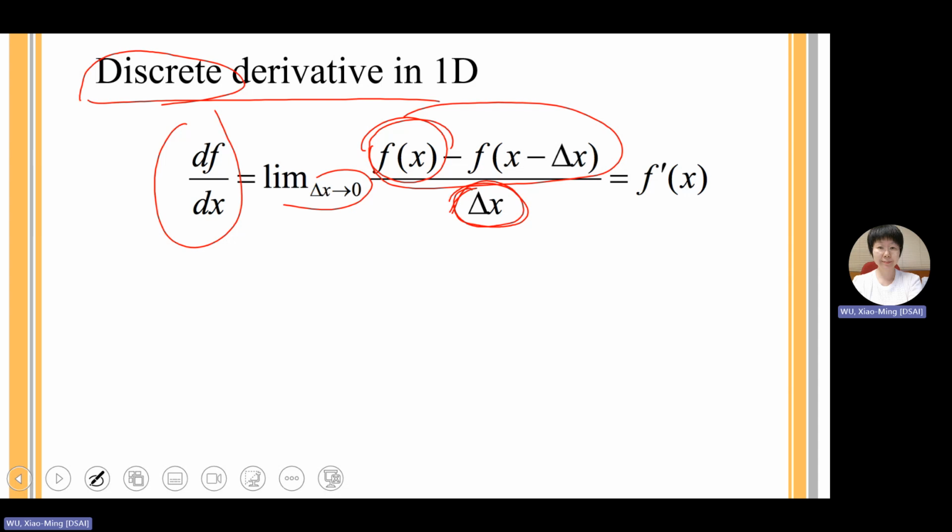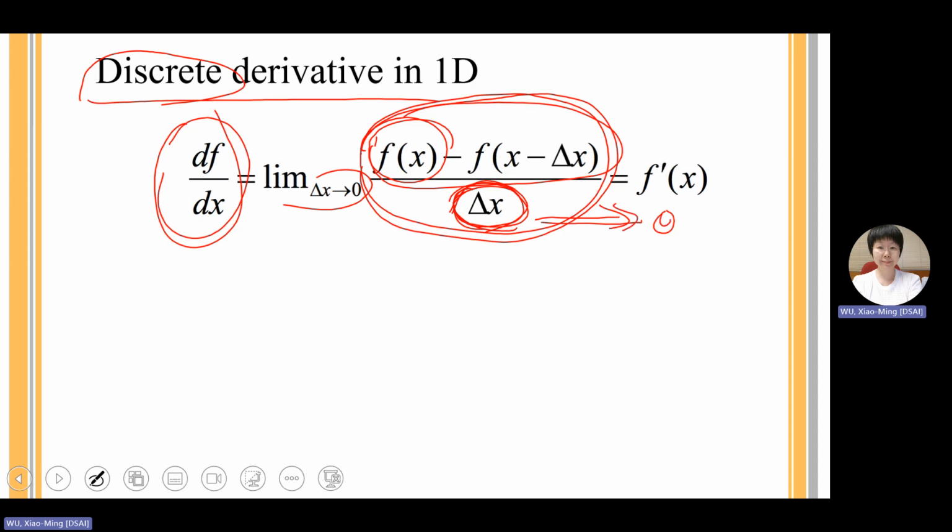So what is the smallest value delta x can take in terms of images? For a real function, the derivative is the limit of this ratio when delta x goes to 0.